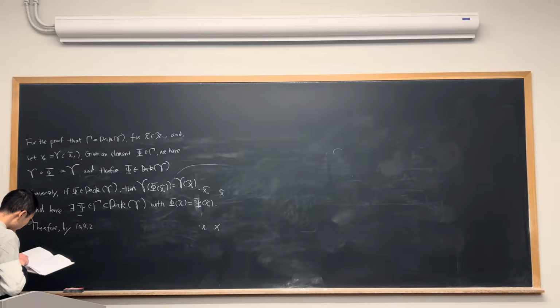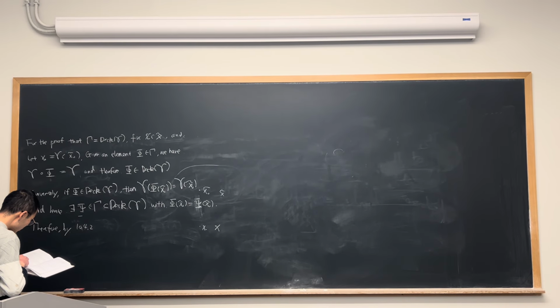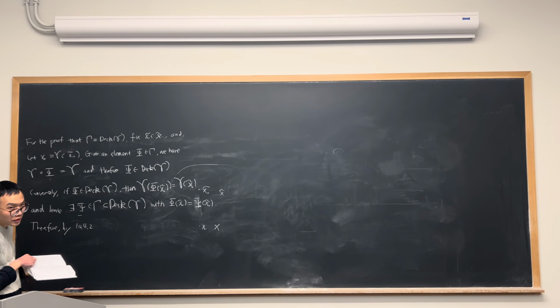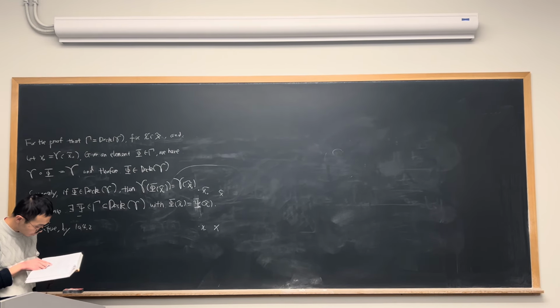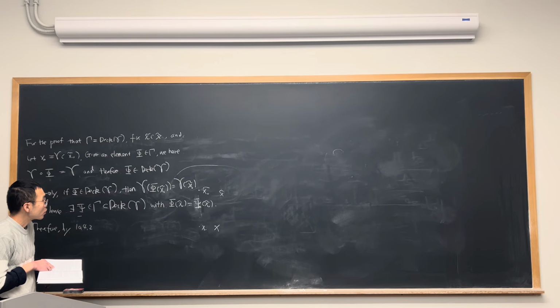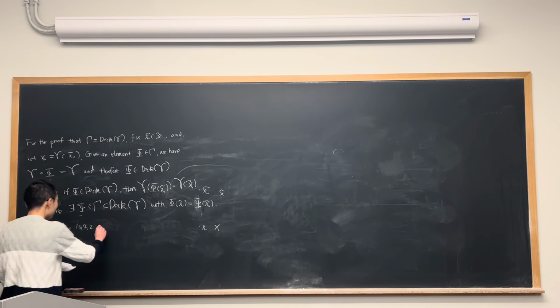Part E says any element in this deck transformation group, take away the identity, has no fixed point. So this implies that this is the identity, right?